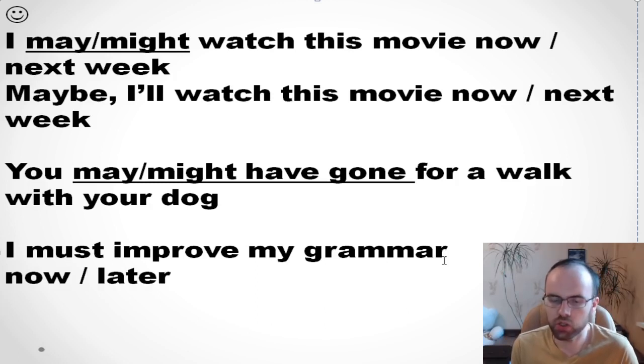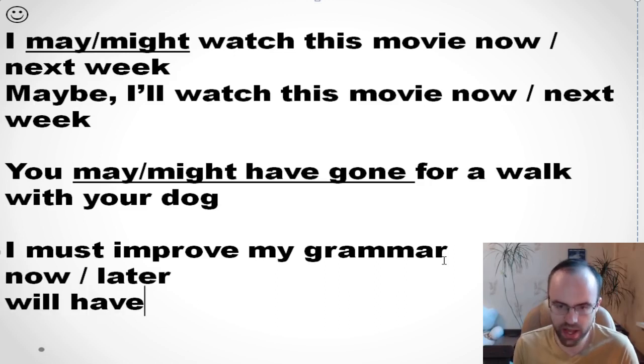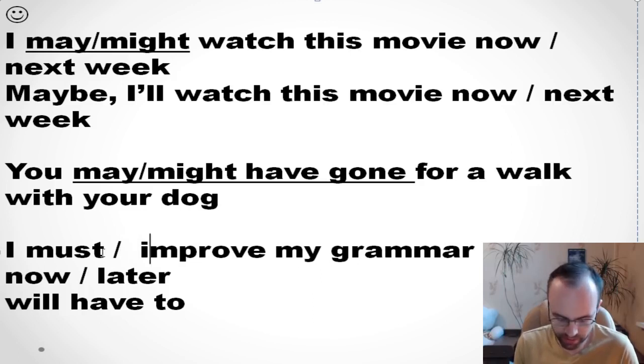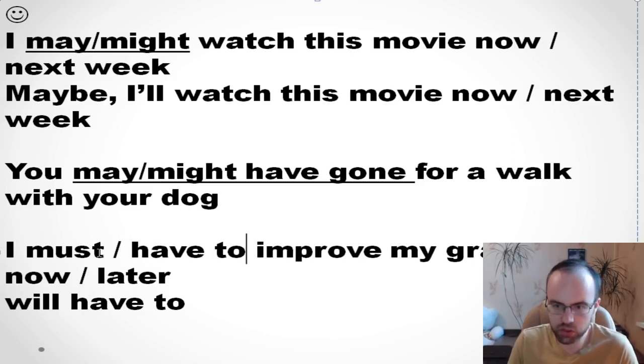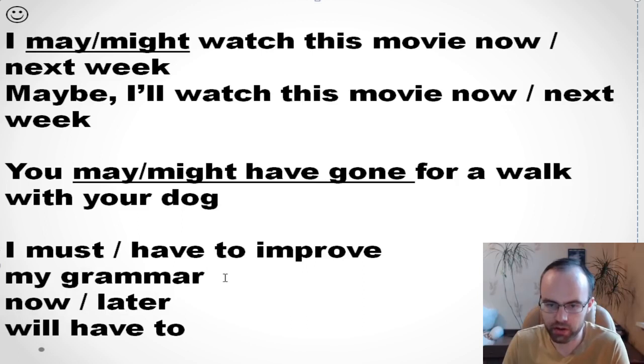Anyway, when we talk about the future, we often use another structure: we'll have to. You know that we can say I must improve my grammar, or I have to improve my grammar. If you say I must, it's my decision.